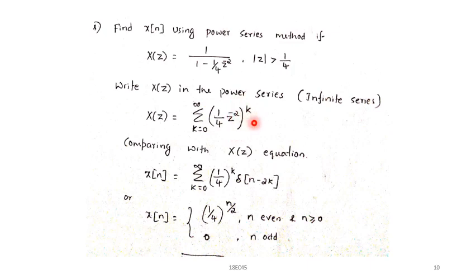If I use the infinite power series expression, I get 1 by 1 minus 1 by 4 z to the power minus 2. So I can directly write 1 by 4 z to the power minus 2, to the power k.